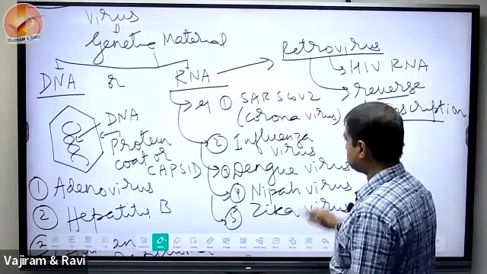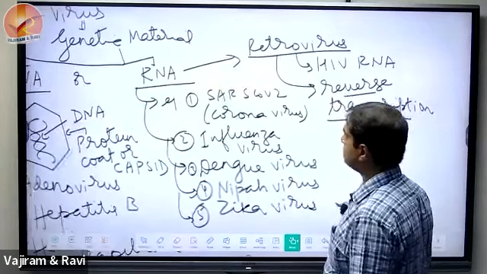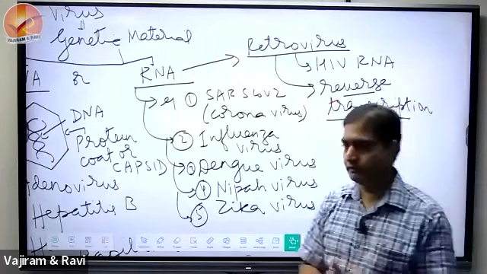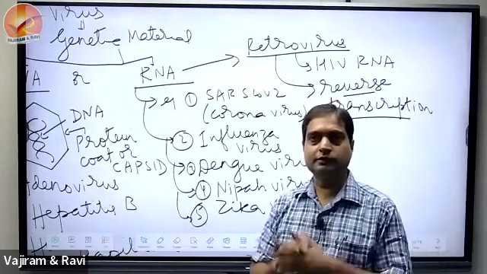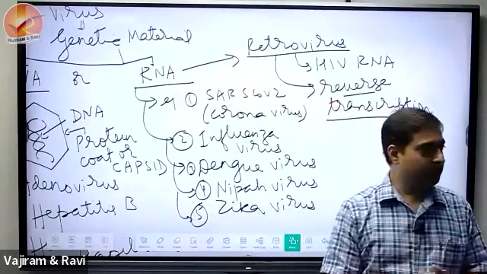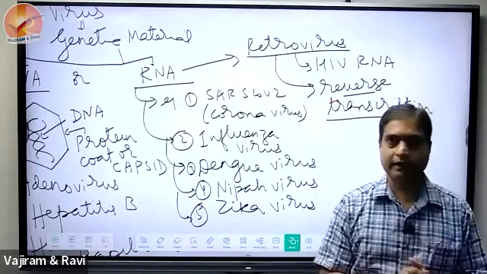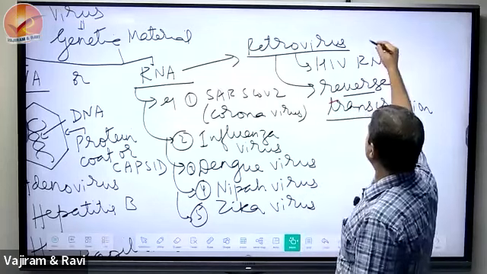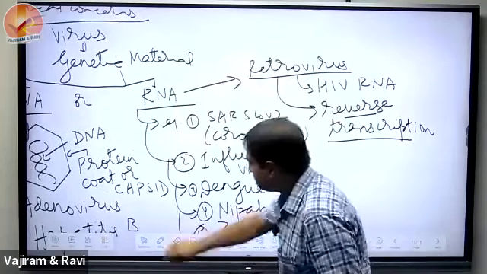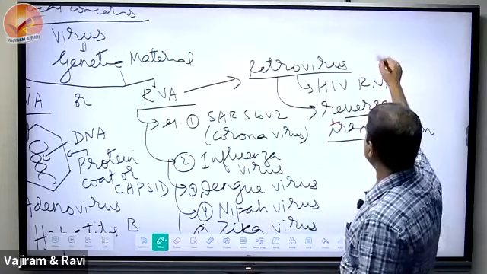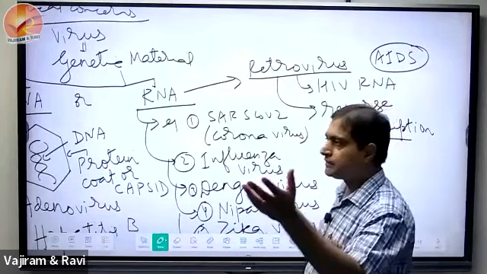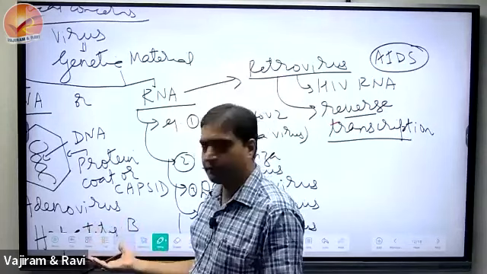This we'll discuss as the time comes to discuss HIV. At this point of time, we remember HIV RNA is the genetic material. It comes under the special category of retrovirus, that can undergo what step? Reverse transcription. So AIDS, the advanced stage of HIV infection, is what? AIDS. So a question can be: AIDS is a retrovirus, HIV is a retrovirus. Any statement, both statements are correct.